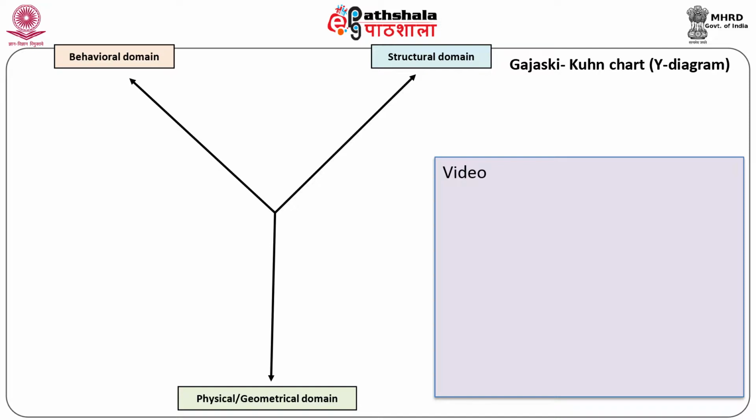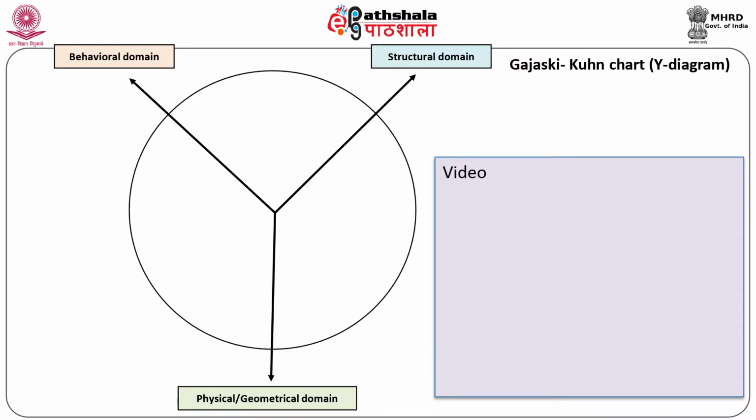The three domains are shown by the three axes producing the Y chart, namely behavioral model or domain, structural domain, and physical or geometrical domain. There are 5 hierarchical levels.